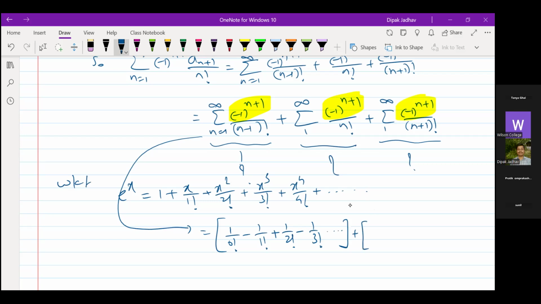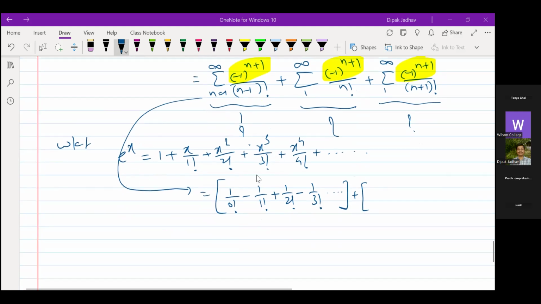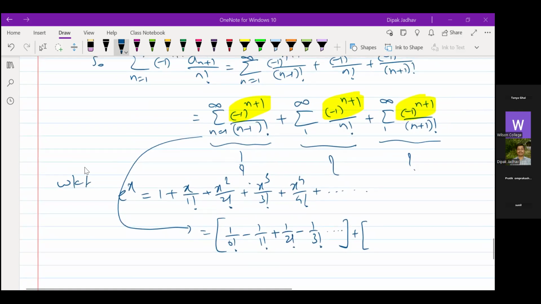Can you expand the second? Yes, sir. Yeah, the second expansion will be 1 upon 1 factorial minus 1 upon 2 factorial plus 1 upon 3 factorial minus 1 upon 4 factorial and so on.